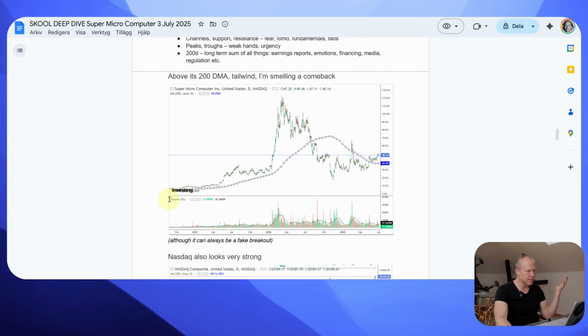This is the stock price since 2022, and the circled line here is the 200-day moving average. If we had heeded the 200-day moving average, we would have been enticed to buy it anytime it was above the trend here.